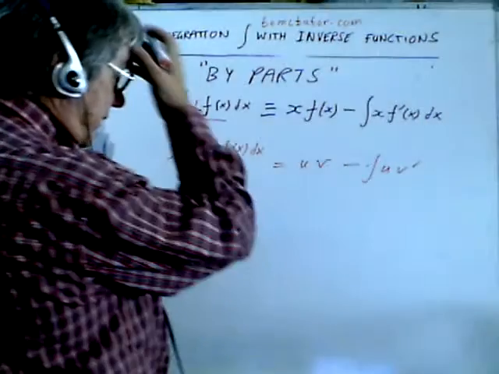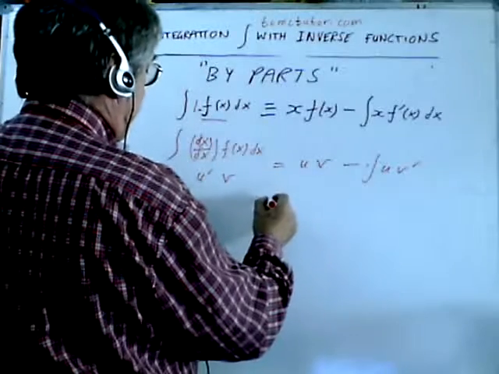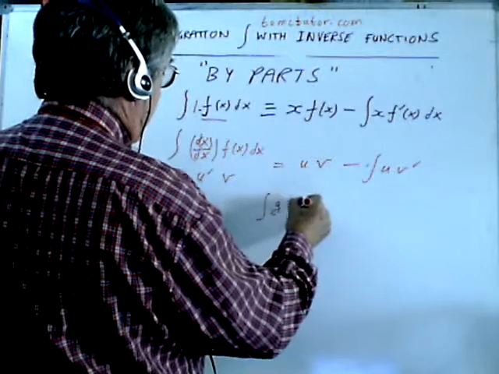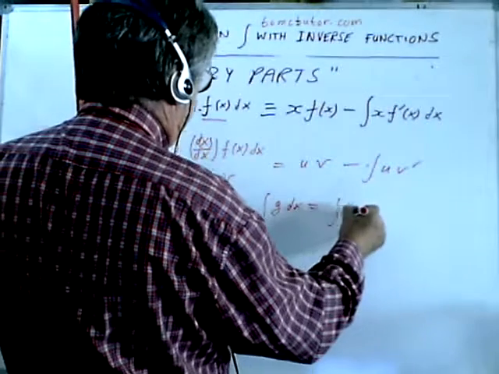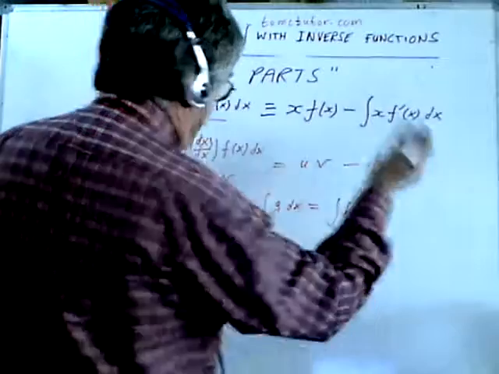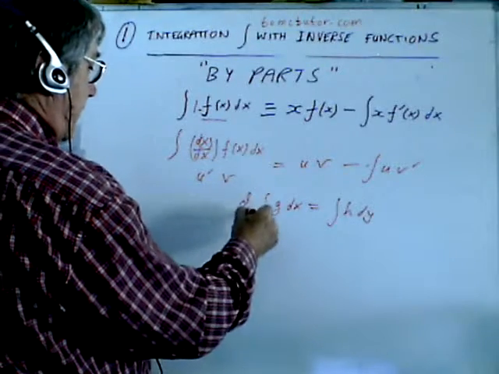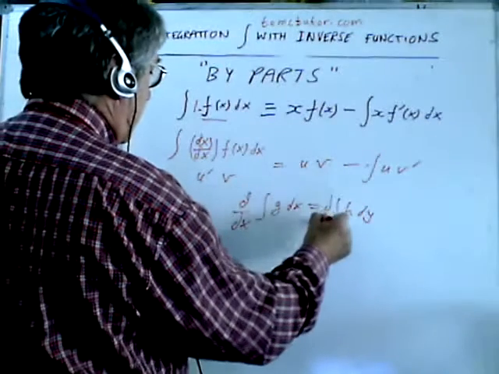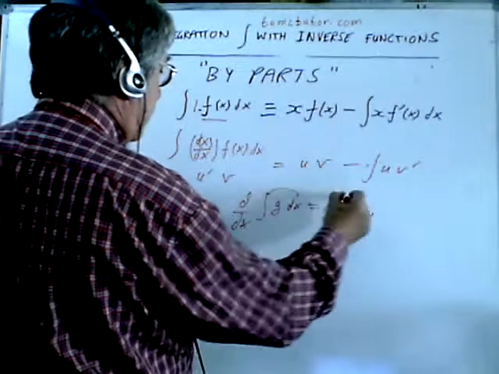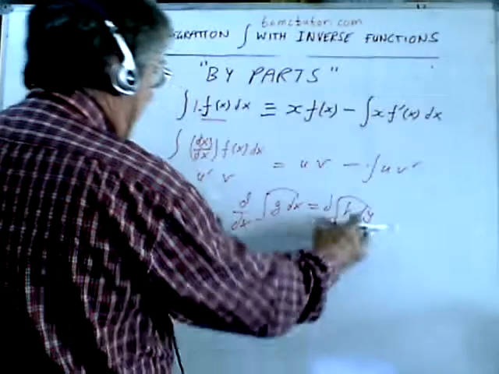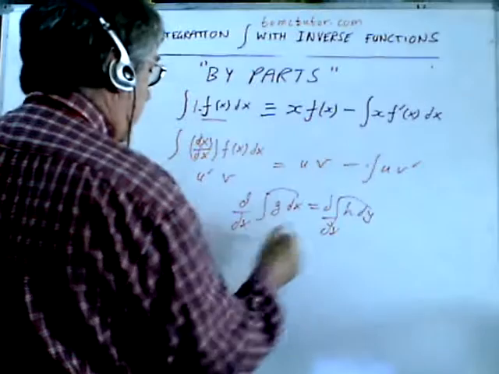And if you have an equation like this, like the integral of some function is equal to the integral of another function dy or something like that, you can differentiate both sides with respect to x. Because if the two integrals are equal, then the differential is equal.